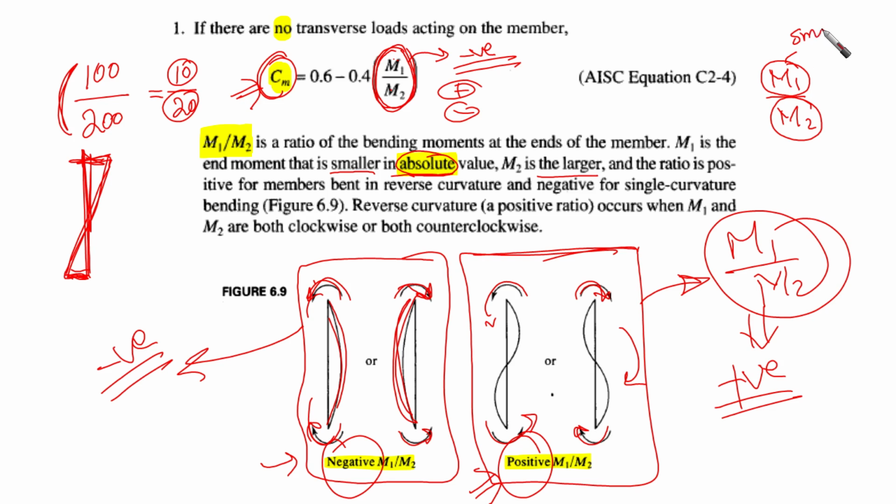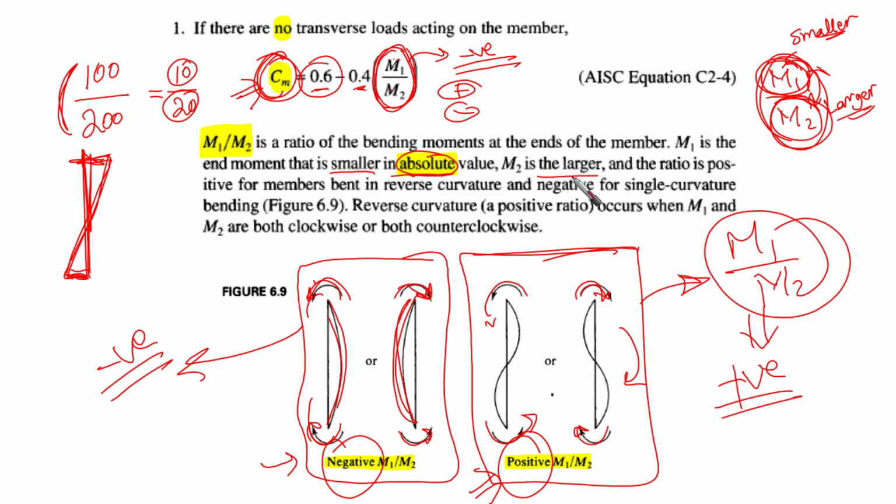M1 over M2 must always be less than 1, because we multiply it by 0.4 and then subtract it from 0.6. So commonly Cm is going to be in this range.